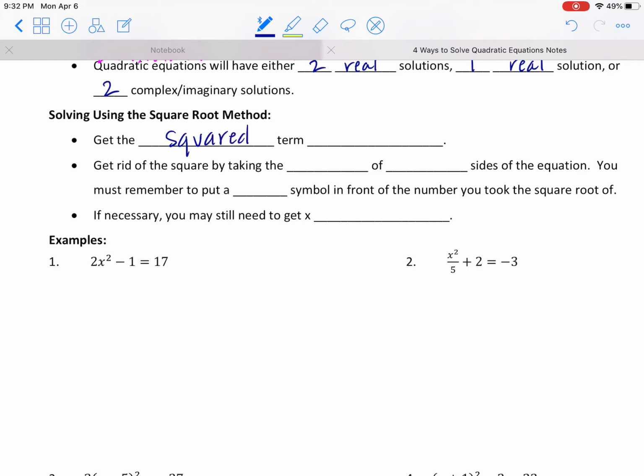We're going to add the 1, we're going to divide the 2. It's just we're going to be getting rid of a square instead of getting rid of a square root. Okay? So what we want is for these equations to look like the ones we just saw, where the x squared is all by itself. So we're going to try to get the squared term alone. And then we're going to get rid of the square by taking the square root of both sides of the equation.